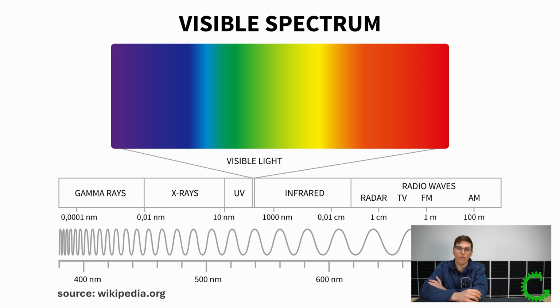Outside this range there is also light, but we cannot see it with our eyes. For example, the microwaves used to heat food, this is light, but we cannot see it.